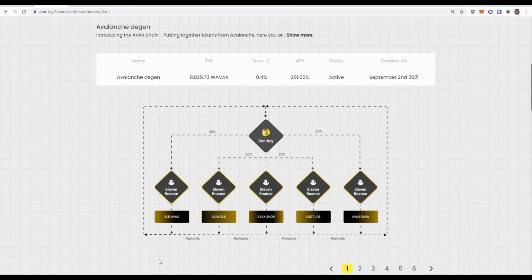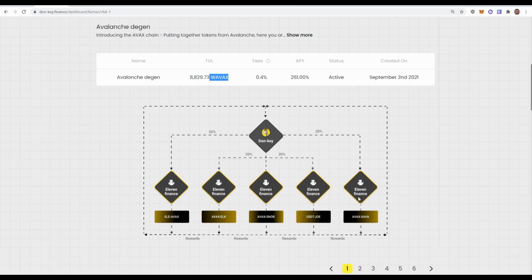Now, the interesting question, of course, is how do you make money in this farm? And this is, of course, a little bit more complicated, as we can already tell by the amount of images in this graphic here. So, because we are starting out with AVAX, ideally, we would want AVAX to go down in price versus all the other assets that it is paired against. So, for example, ELE and AVAX, Elk, Snob, and Xava.